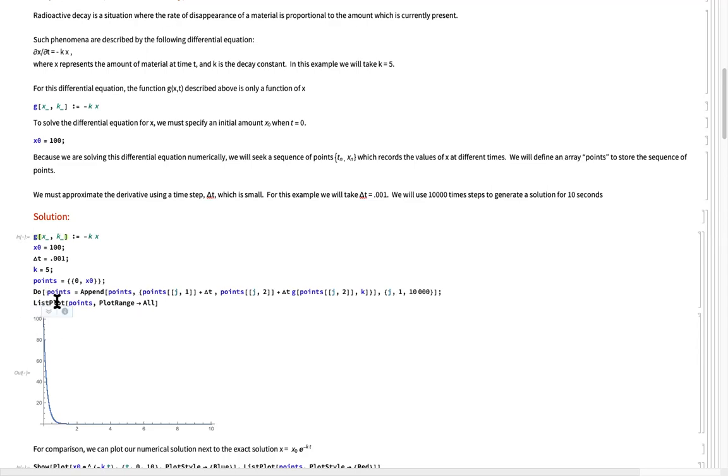Okay, so I went around, and at each iteration, I update the array points, and I set it equal to the old values plus the updated values. So I want to include in my array this.